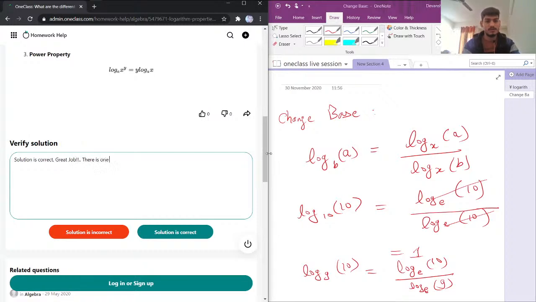There is one more property of changing the base of log, where log of a is equal to log base x of a divided by log base x of b.